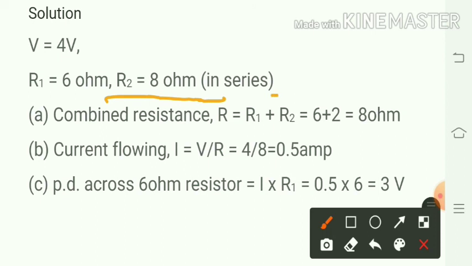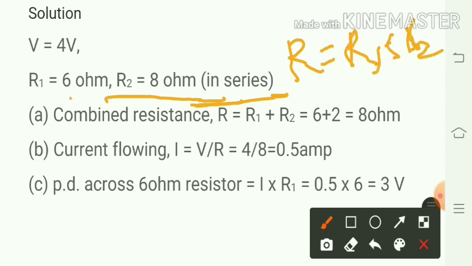Both are in series combination. Therefore, the resultant resistance R = R1 + R2. Thus 6 + 2 becomes equal to 8 ohm.